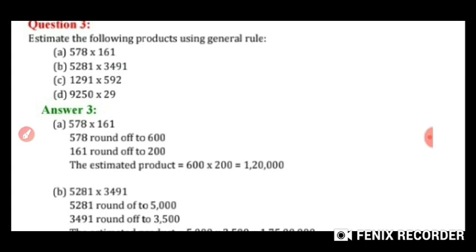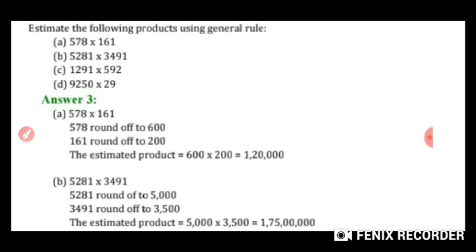Okay, when we are estimating numbers, some general rules are there. If you are asked for the nearest 10, nearest 100 or nearest 1000 place, first of all count how many digits are there. The first example: 578 multiplied by 161.